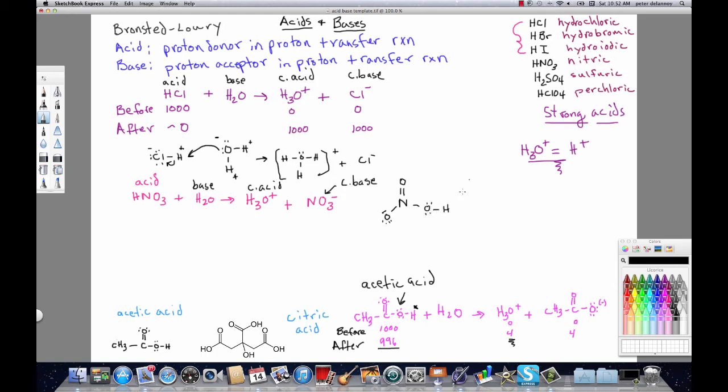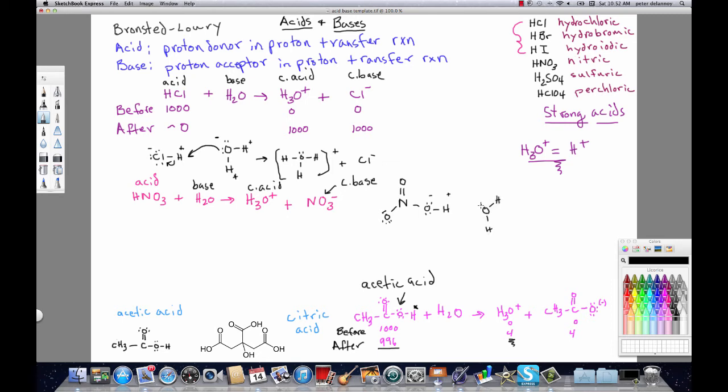All right, and like I explained in the HCl molecule, we're going to have a similar situation here. The oxygen that is bonded to the hydrogen has a partial negative charge on it, and the hydrogen has a partial positive charge. And the water molecule in this case is, again, acting as a base.